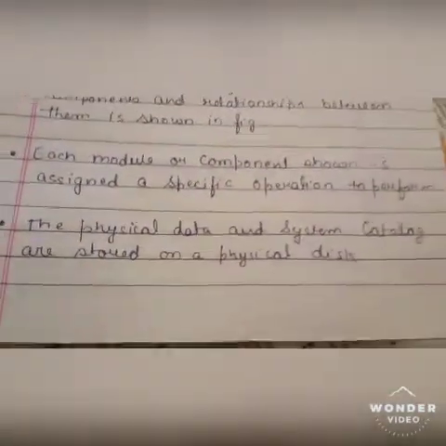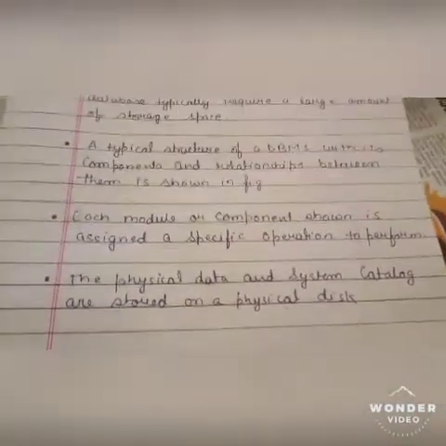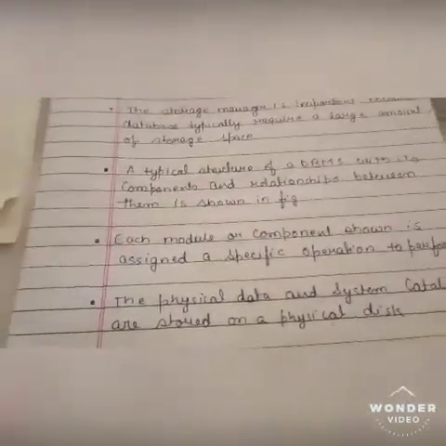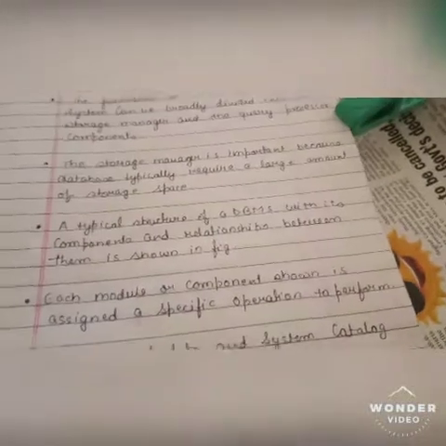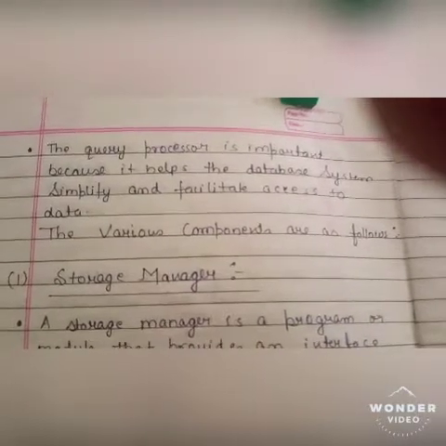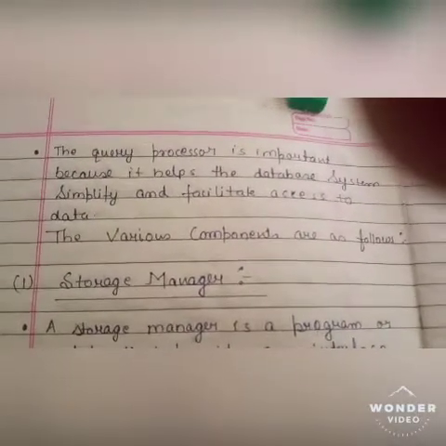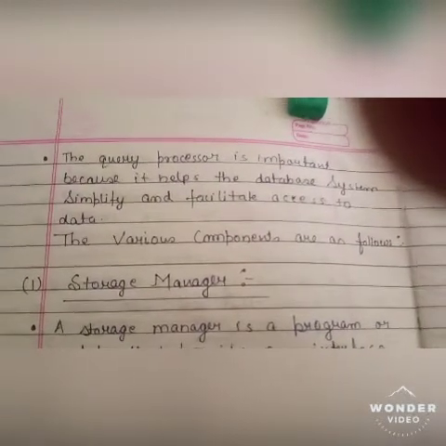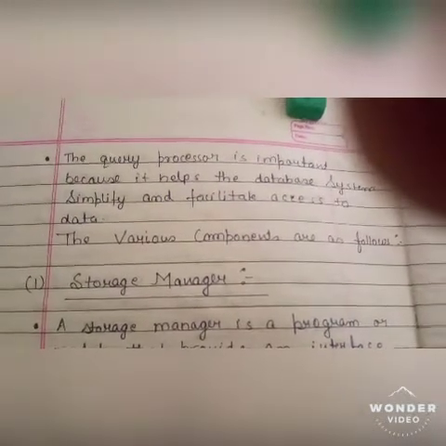The physical data and system catalog are stored on the physical disk. The query processor is important because it helps the database system simplify and facilitate access to data. The various components are as follows.